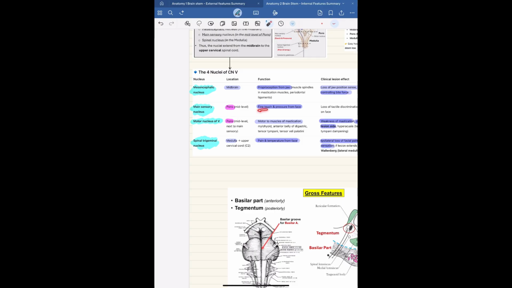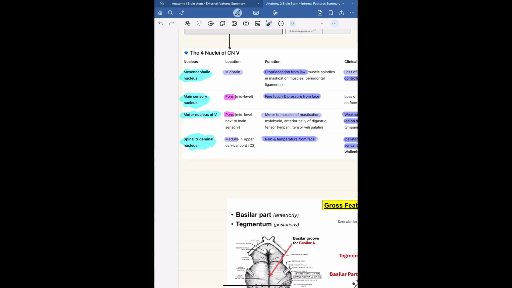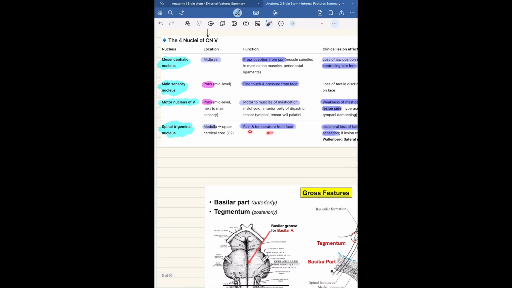And it's responsible for fine touch and pressure for the face. And then you got the motor nuclei, also located in the pons, and it is the motor for the muscles of mastication. And the spinal trigeminal nuclei, which is the last one, is located in the medulla. I believe you will see it, and it is responsible for pain and temperature from the face.